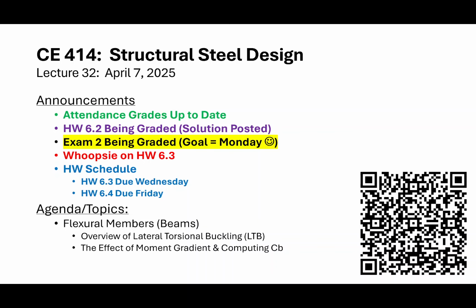So we are going to go around the bend a little bit until we actually get to what Cb is. I would ask you to give me a little bit of latitude on explaining what this is and what LTB is, but that's going to be our goal for today. Before I move on, did everybody get the QR code? Okay. All right.